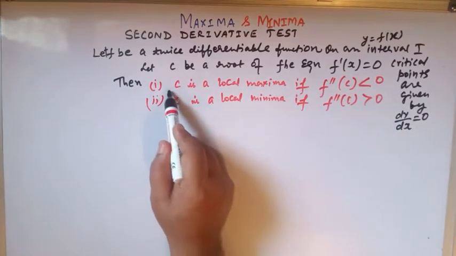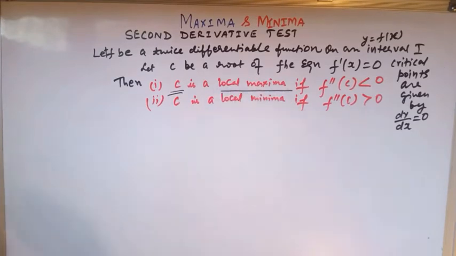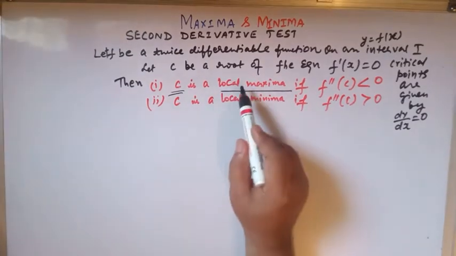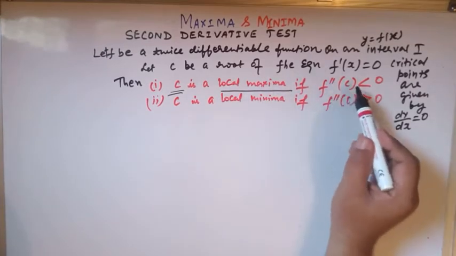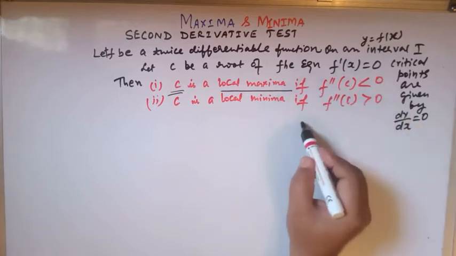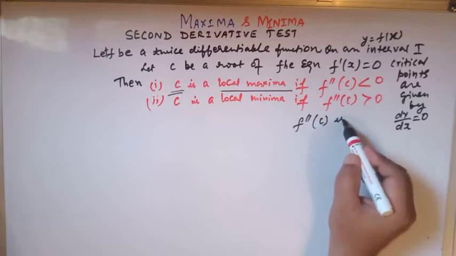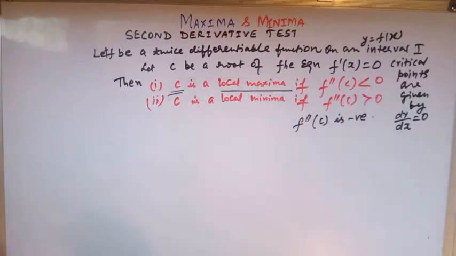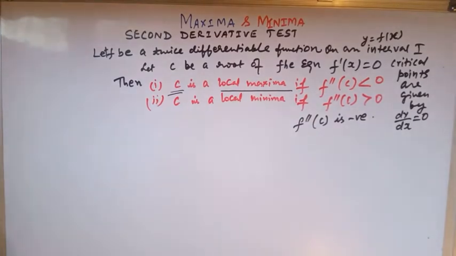Then this value C is a point of local maxima if f double prime of C is less than 0. It means f double prime C is negative. Then C is a point of local maxima.